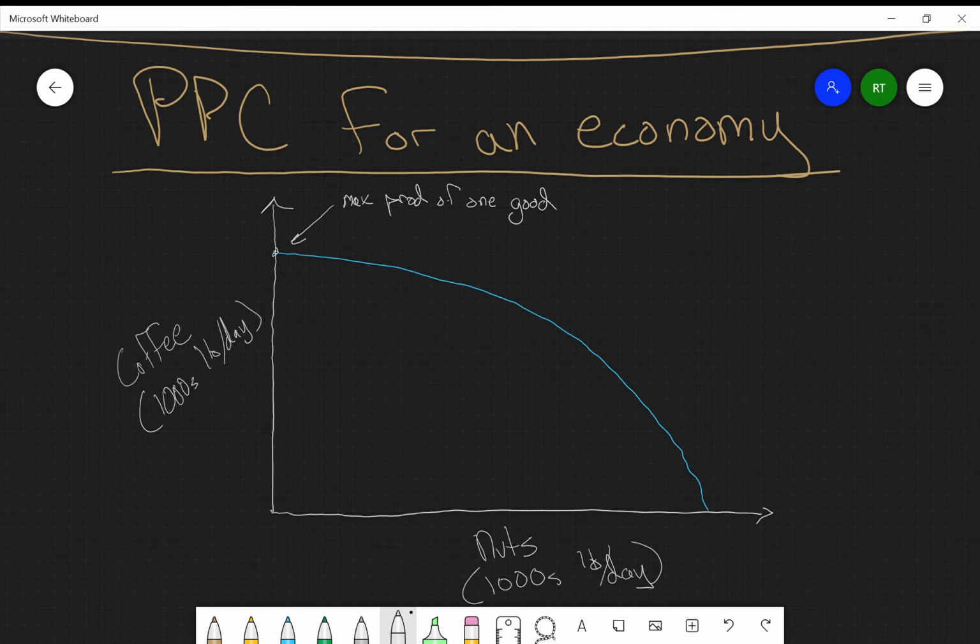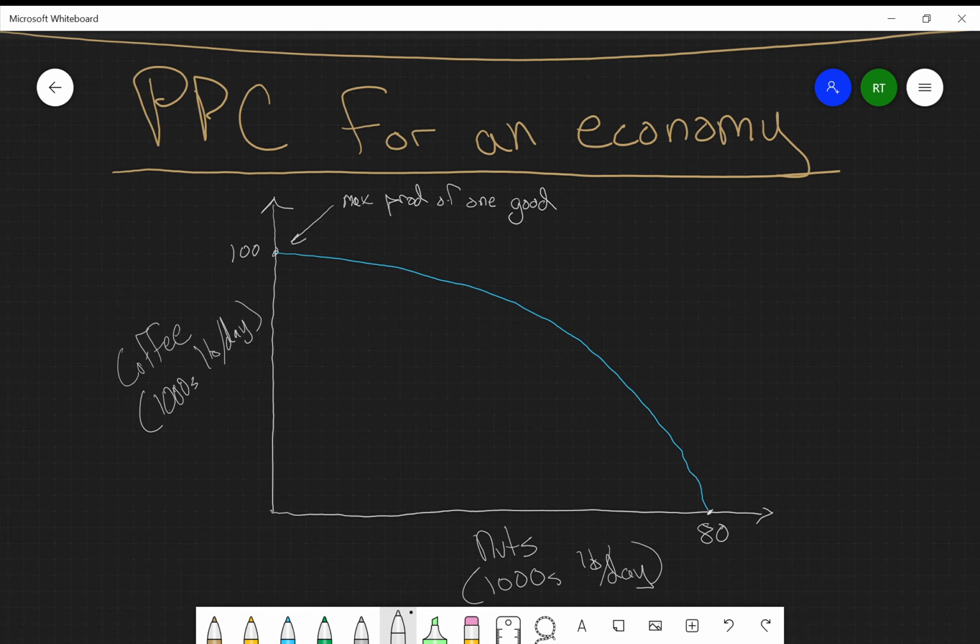This is saying if we decided entirely to focus on coffee, we could get 100,000 pounds per day. And likewise, over here, this is saying if we just focus on nuts, we would end up with 80,000 pounds per day.